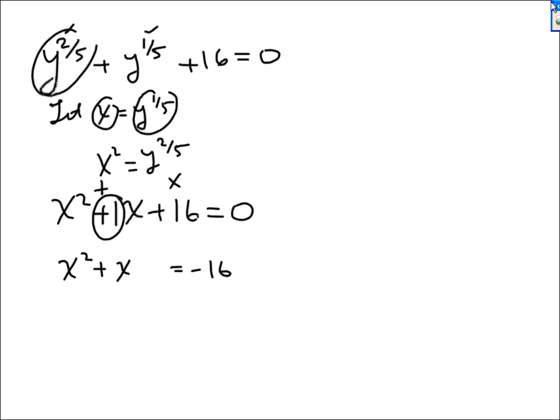And we decide what to add. Remember, there's a 1 here. You divide it by 2, and you square it. You get a quarter. So you add a quarter to both sides.